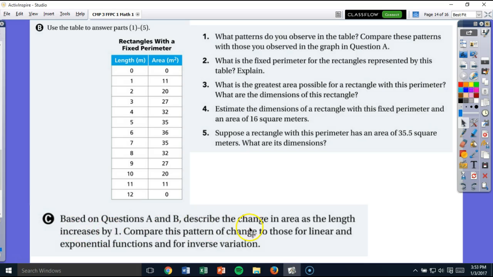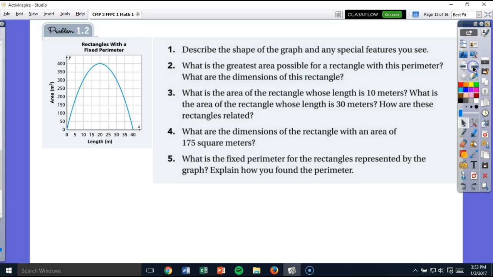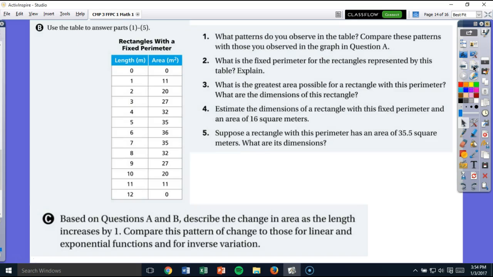And then compare this pattern of change to those for linear and exponential functions and for inverse variation. And again, in case you've forgotten some of that, I've given you the different types of equations back here. So go ahead and try to determine how, when we change 1 unit of length, that affects area, and compare that to the other types of equations and functions that we've already gone over so far this year.